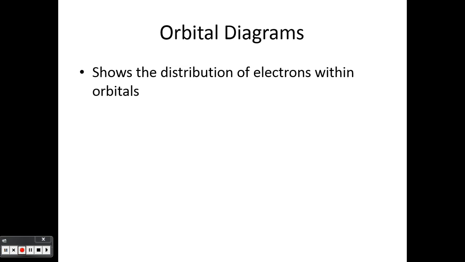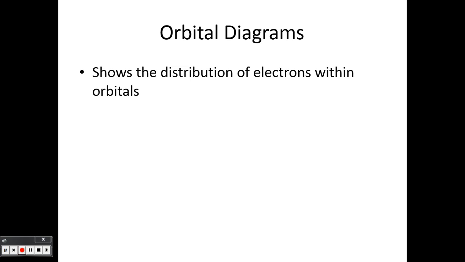But, like I mentioned earlier, that doesn't necessarily mean that there are always electrons in all of those orbitals for a couple different reasons. So an orbital diagram shows us, okay, where are these electrons actually? There's a bunch of places where they could go, but where do they actually end up?